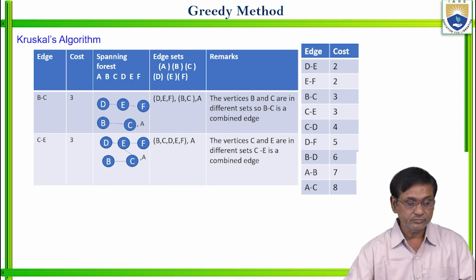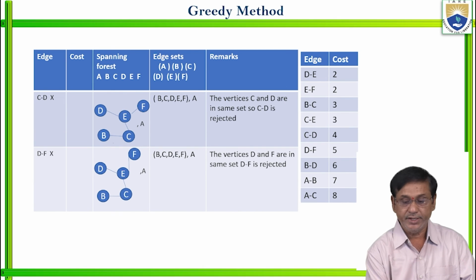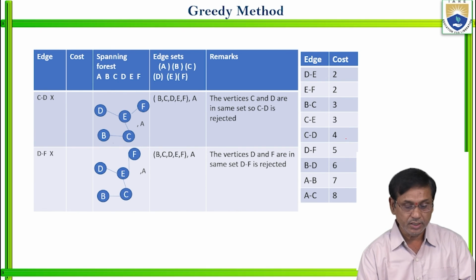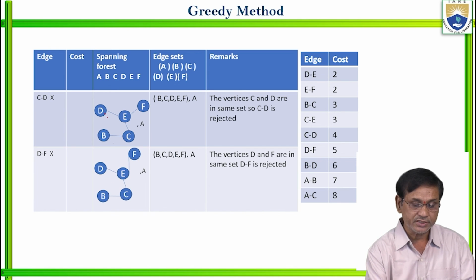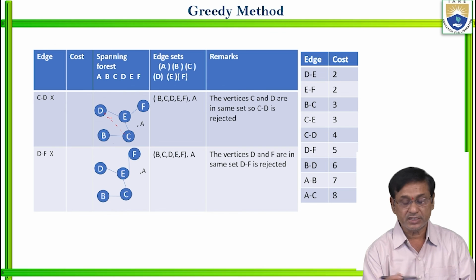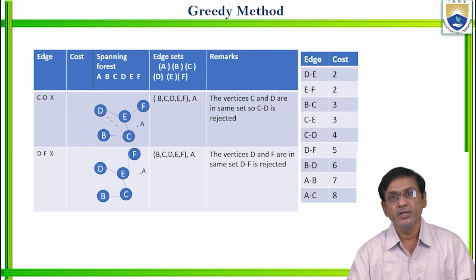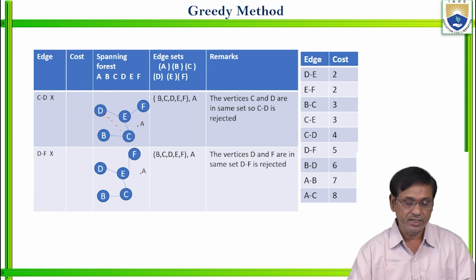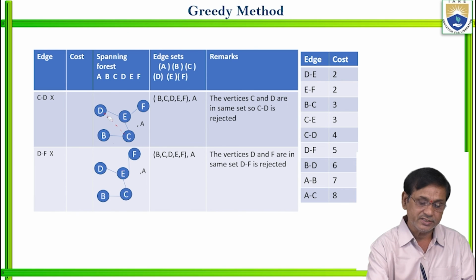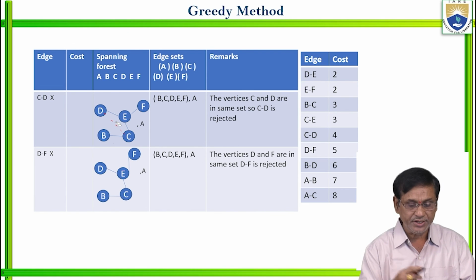Next, CD. If you consider CD, a loop or cycle is forming. So in that case, we cannot select that edge CD. That indicates that the vertices C and D are in the same set. So CD is rejected. Next, DF.